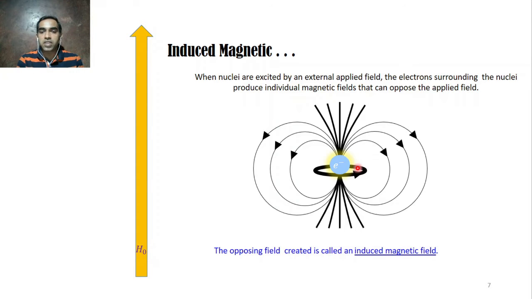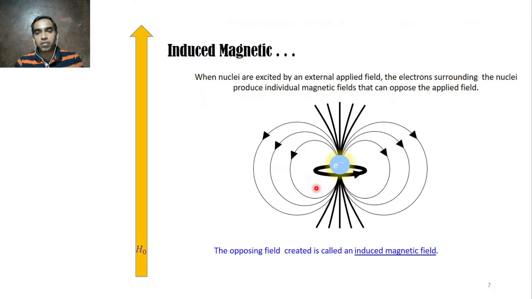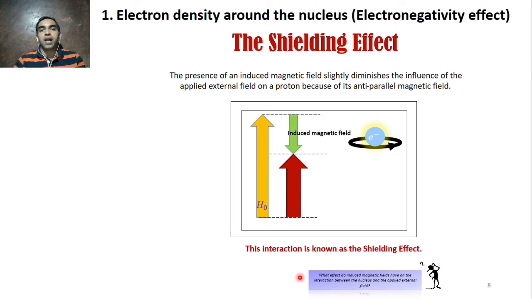Now what do you mean by shielding? Shielding means the induced magnetic field. What is induced magnetic field? The magnetic field which is created by the electrons surrounding the nucleus. This shielding effect is produced by the induced magnetic field. This magnetic field will oppose the applied magnetic field.